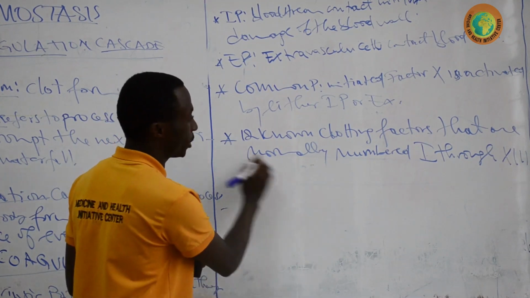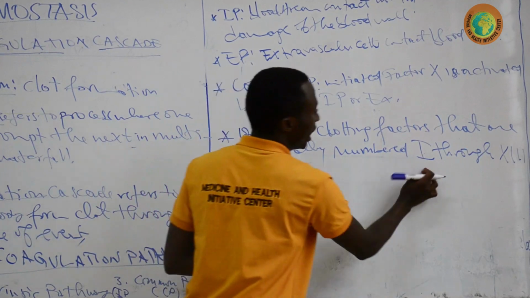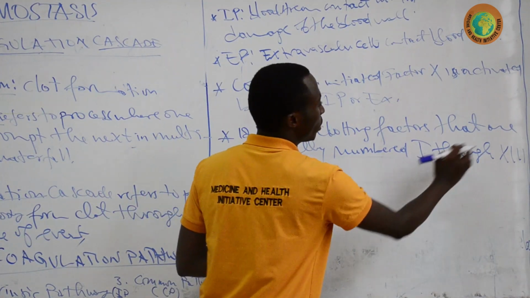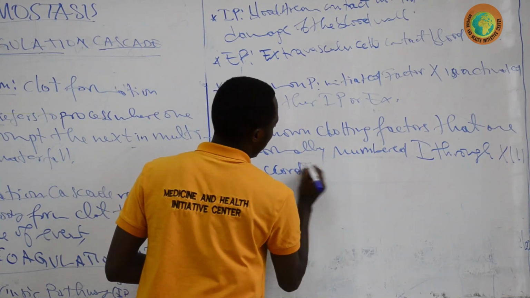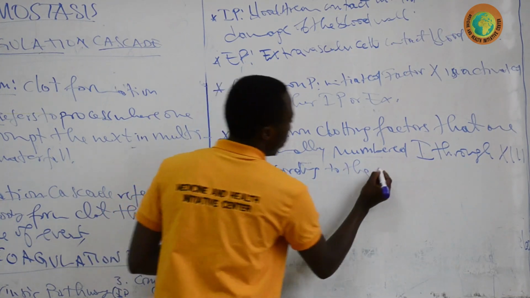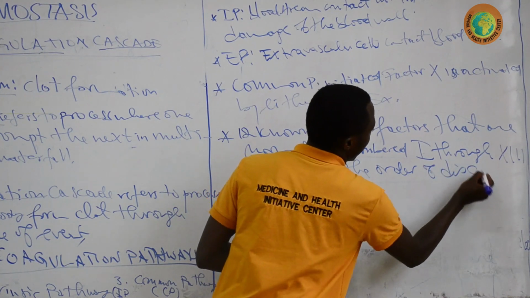Of course, you see the gap, but they are numbered from 1 to 13 according to the order of discovery.